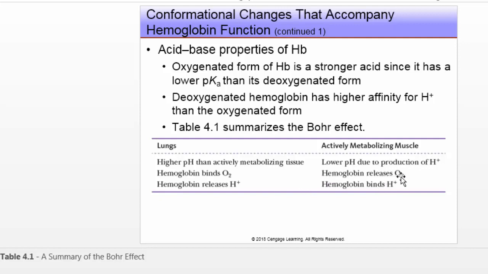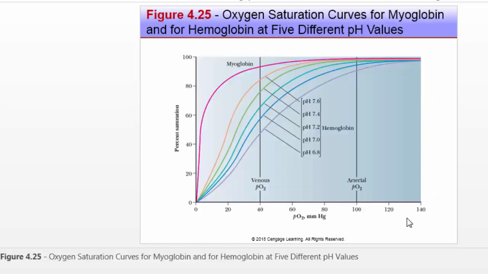After hemoglobin releases O2, it becomes deoxygenated, which means this has higher affinity for H plus, and it binds H plus. Now this figure shows you the oxygen saturation curves for myoglobin and hemoglobin at different pH values. Notice here, as the pH decreases, the curve becomes more sigmoidal.